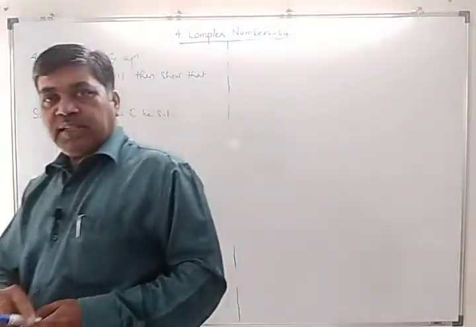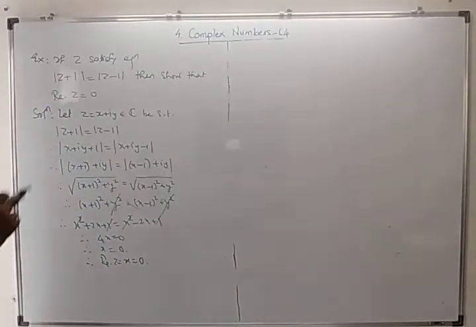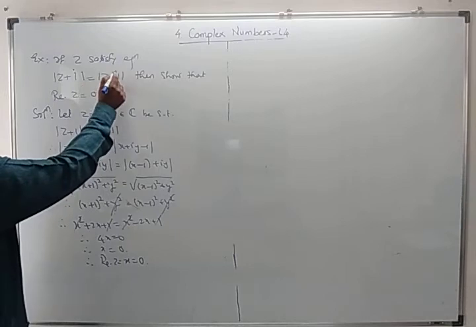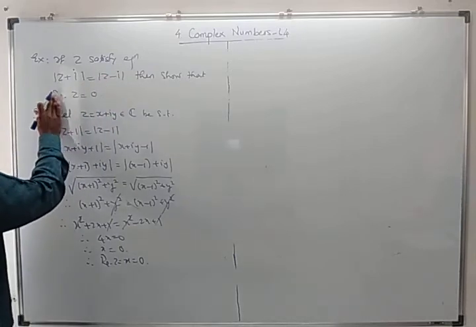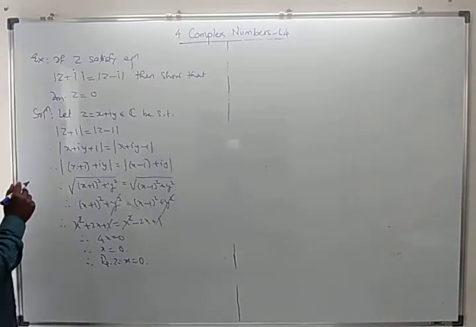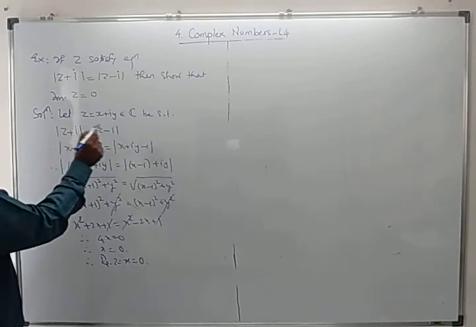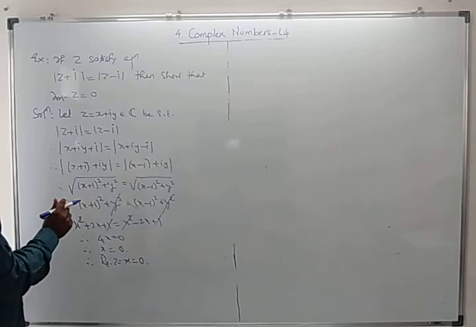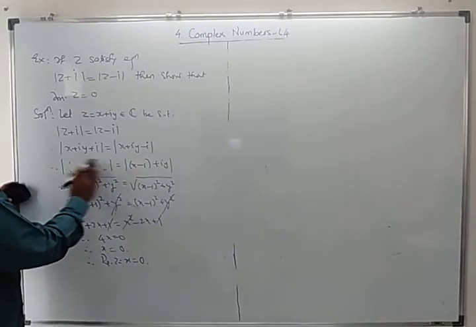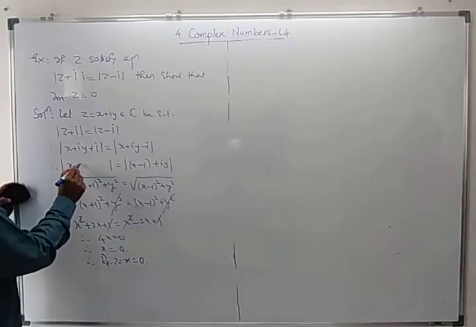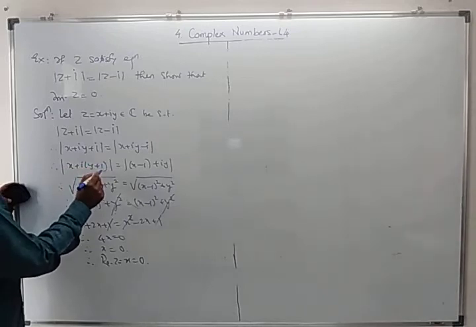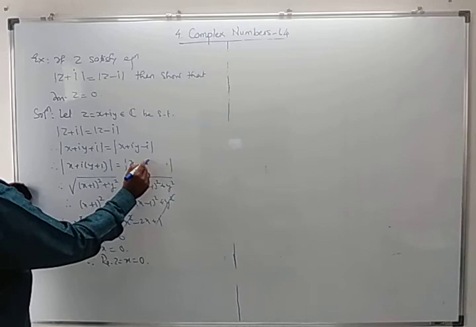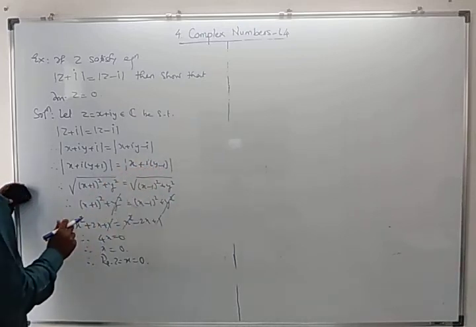Now, if Z satisfies the equation mod of Z + i is equal to mod of Z - i, then show that the imaginary part of Z is equal to 0. Z + i, Z - i here. Here we will get x + i(y + 1). Here we will get x + i(y - 1).